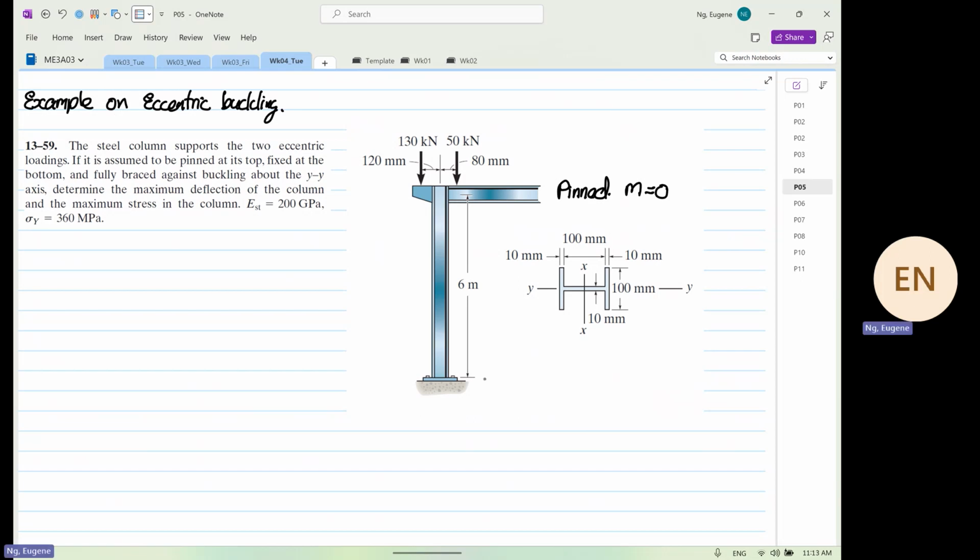And fixed at the bottom, we know that M is not equal to 0 now. And fully braced against buckling about the YY axis. So this question, you have to step back and think a bit, okay?